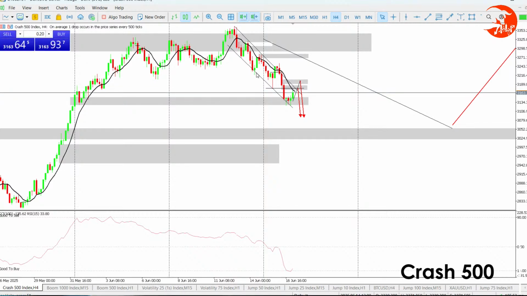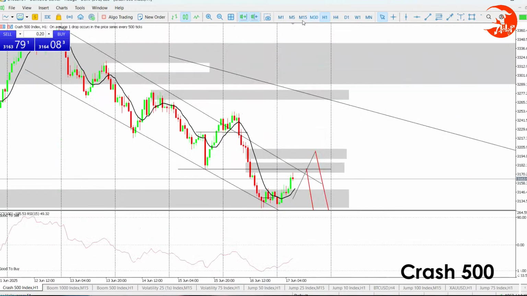You're seeing lower lows, lower highs, lower lows, lower highs, and that is what is happening until it probably reaches this level where we want it to reach according to the weekly time frame, and then we get into the buys from this level, and we know we will be following that as an inverted head and shoulders pattern. All right, that is enough on Crash 500.